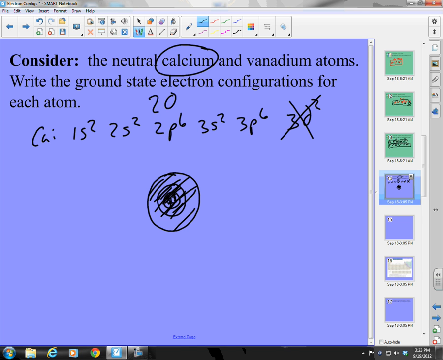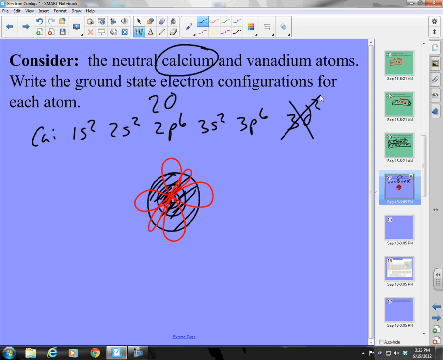Then I have 2p's, and those are peanuts. So here's one 2p, here's another 2p, and the third 2p is coming straight out at us in the z direction. So those are my 2p's.